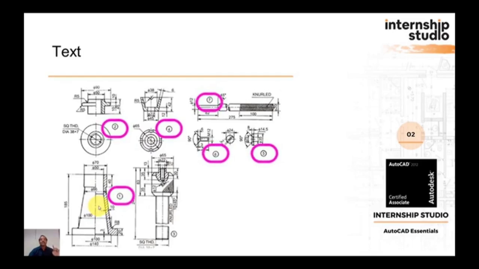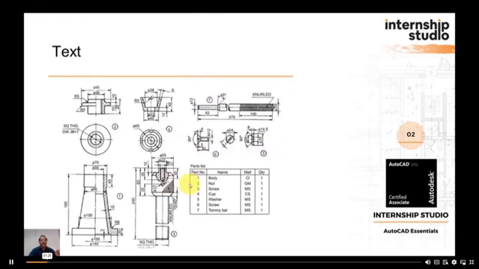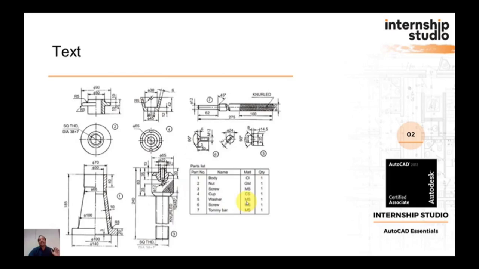We give this information in a bill of materials. Each number indicates the product in the table, what type of material is needed to manufacture these components, and how many quantities we need to manufacture. So this information we need to type and bring in. For that we need a text command.